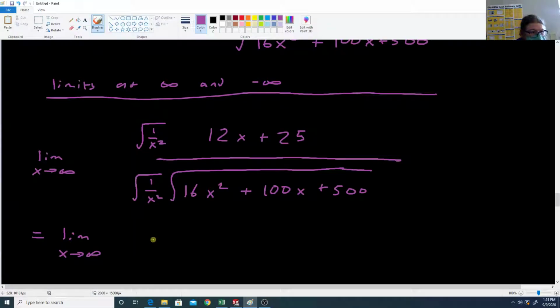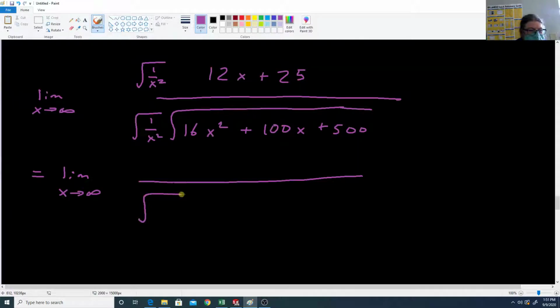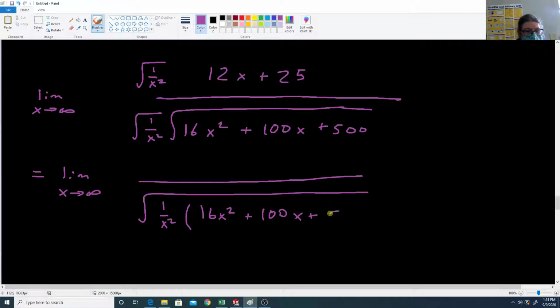We'll take a look at the top in just a second, but let's combine stuff in the bottom first. In the denominator, we can combine those two square roots into a single square root, which will be 1 over x squared times 16x squared plus 100x plus 500. In the top, we have the square root of 1 over x squared. Since in the bottom I needed to keep this square root to combine with the other square root, I didn't simplify it.